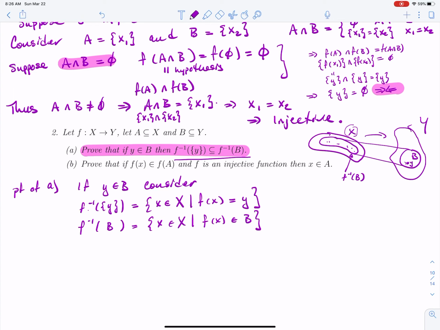Well, if I have a little x sitting inside of the pre-image of y, then what do we know?